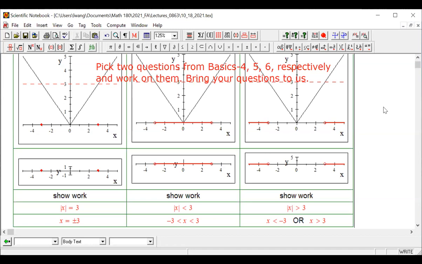You guys know what to do? I'm going to set up the breakout rooms. Open all the rooms.